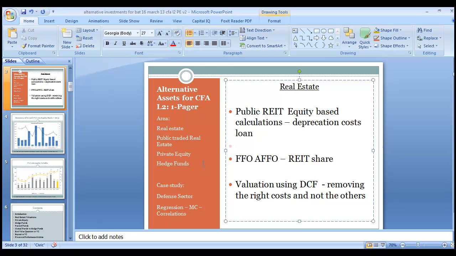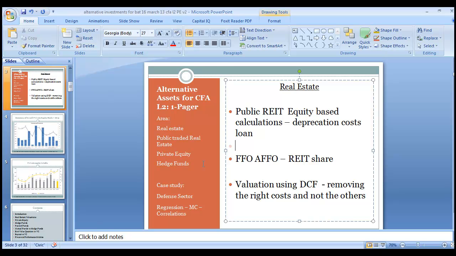So last 12-month NOI minus non-cash rent plus full year adjustment for acquisitions is equal to pro forma NOI for the last 12 months. Expected next 12-month NOI, you can increase with the given rate.